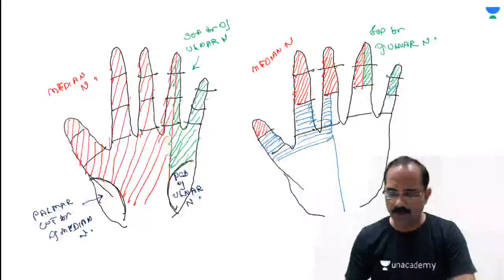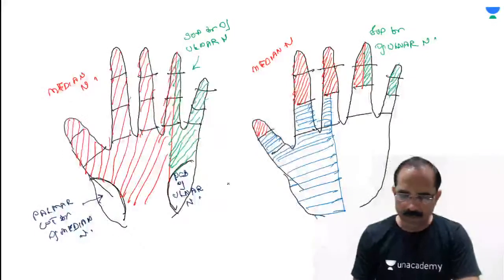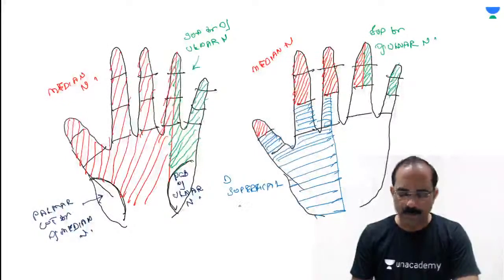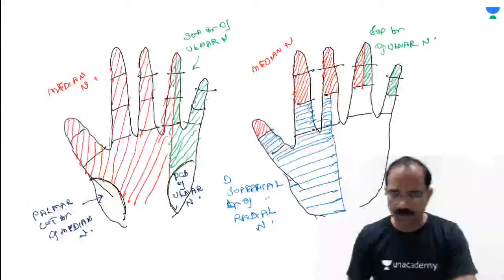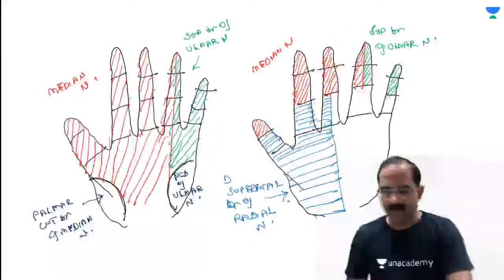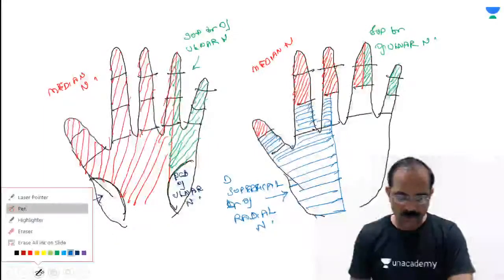So the proximal phalanges of these 2.5 and the dorsum would be supplied by the superficial branch of radial nerve.